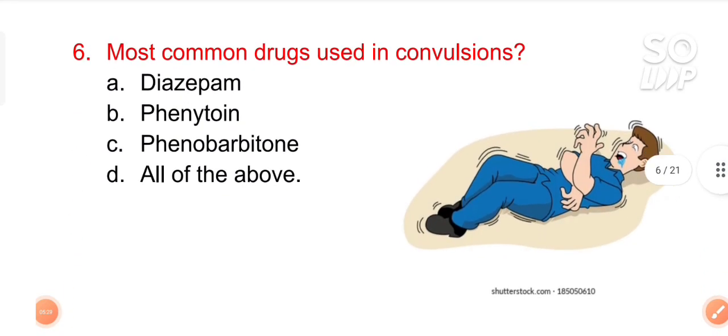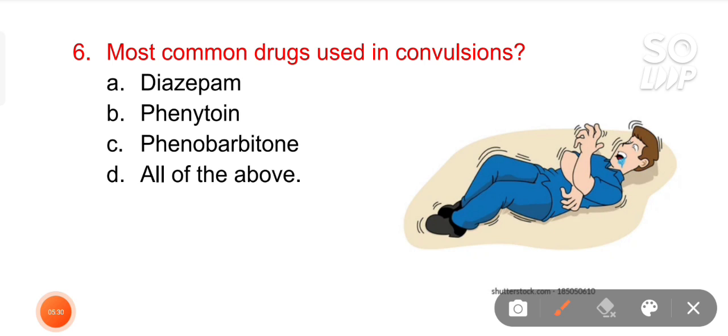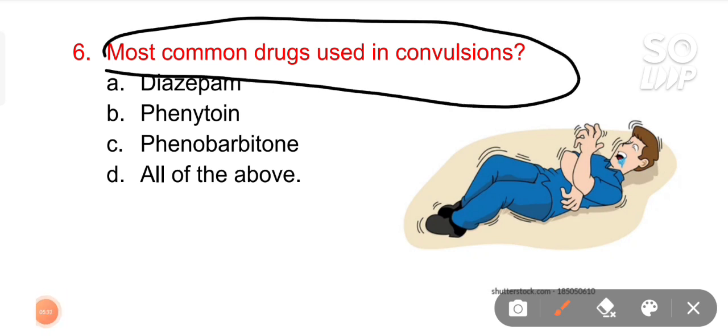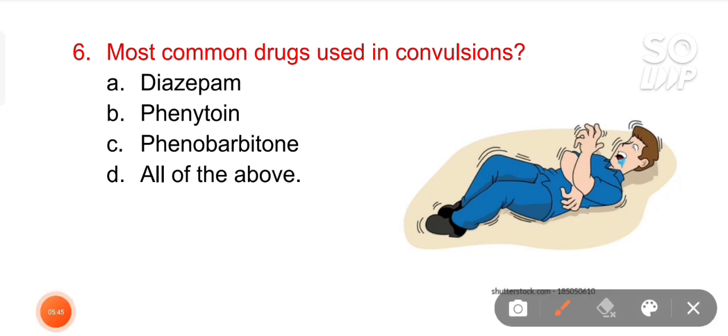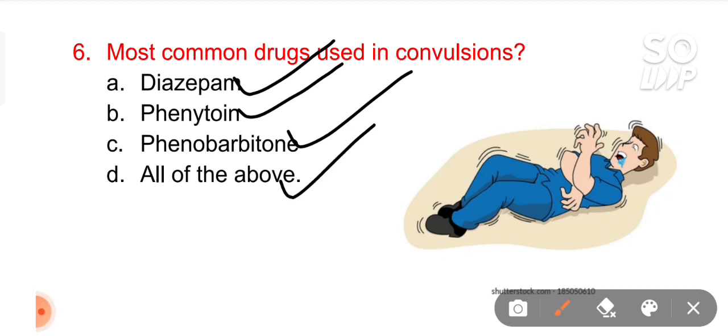The next question is, most common drugs used in convulsion. Convulsions mean seizures or fits or epilepsy. We can call it by different names. What are the drugs most commonly used in convulsions? The options are: diazepam, phenytoin, phenobarbital, all of the above.